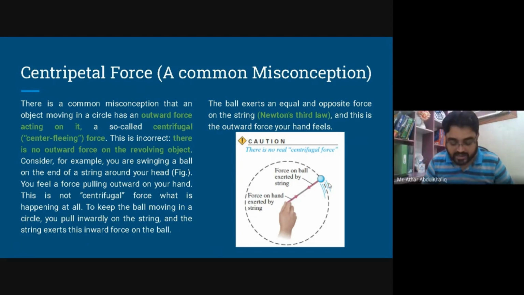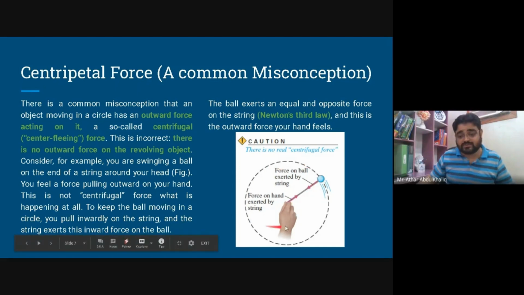If you remember chapter number 4, in the third law of motion there is action and reaction, which are equal and opposite. The action on the object moving along the circular path is the centripetal force provided by our hand.